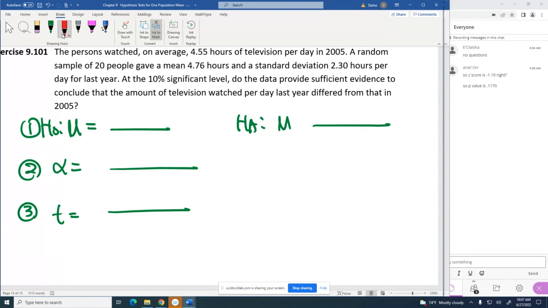Unknown population mean setting in the null hypothesis, please. Remember, always we have 2 kinds of means. One of them must be the population mean, and the other one must be the sample mean. And also, please remember, the sample mean must be from the sample. So now, what is the value in step number 1?